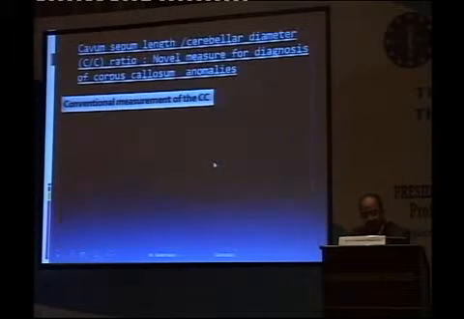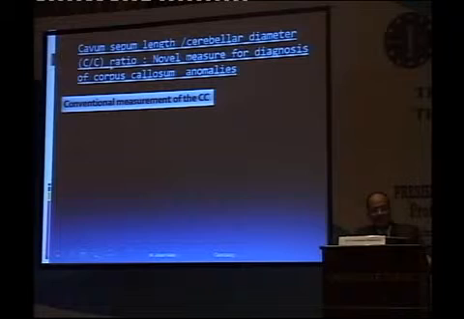And the diagnosis for corpus callosum abnormality could be achieved by the conventional measurement of the corpus callosum, but this is, as I said, not visible for all cases, so we resort to 3D ultrasound and do reconstruction and recut in the mid-sagittal plane.